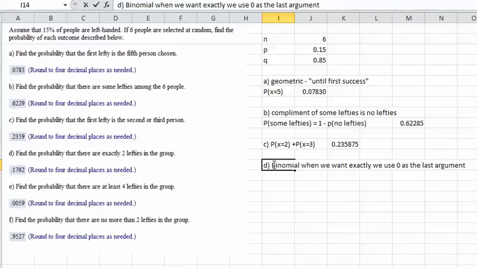If you want to accumulate up to a certain amount, then you put 1 in as the last argument. So what I mean there, that's in the command. So we want the probability that x is equal to 2.